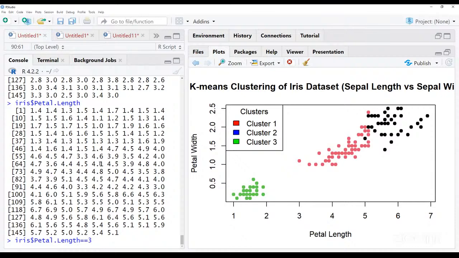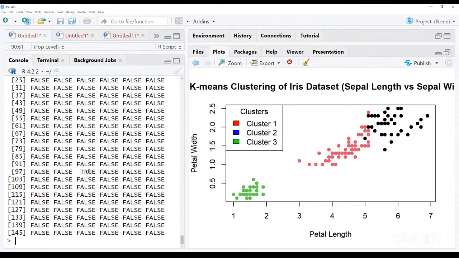Then enter. Is there any true? Yes, 97, 98, 99. 99 number cases. Now you find out this 99 case in the above.